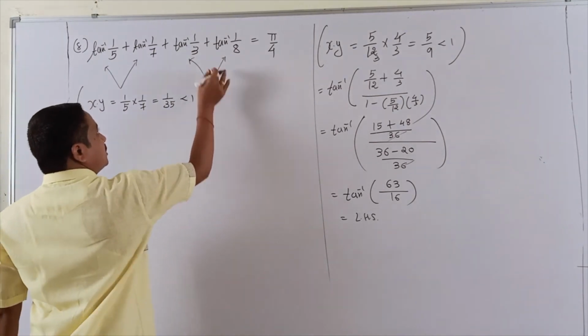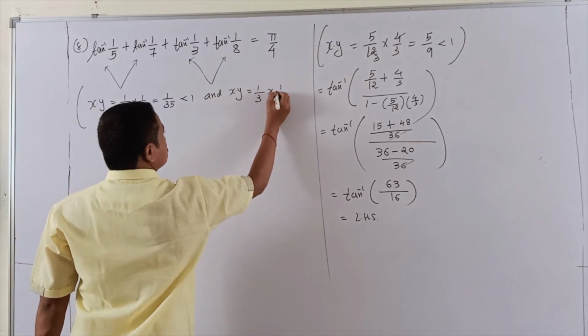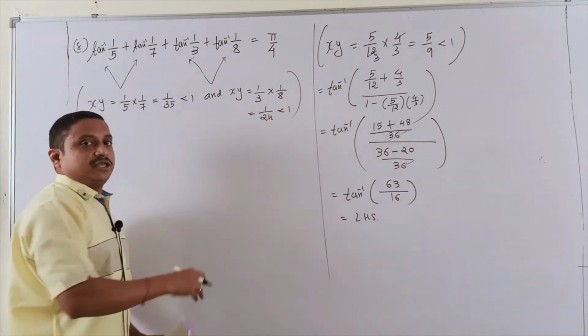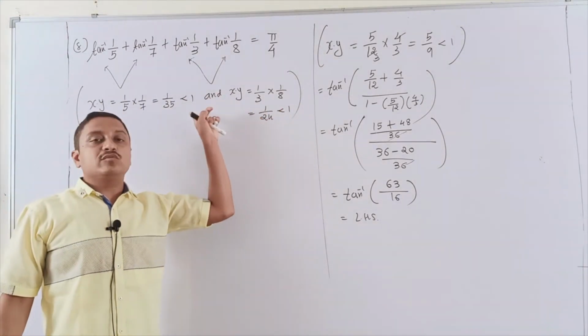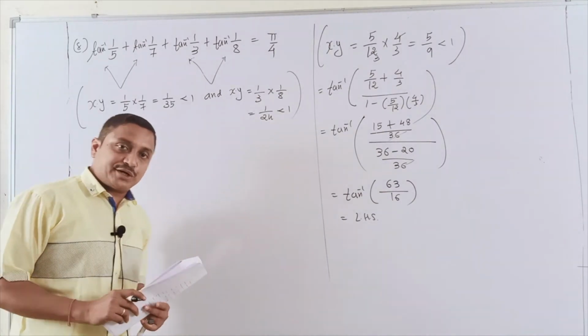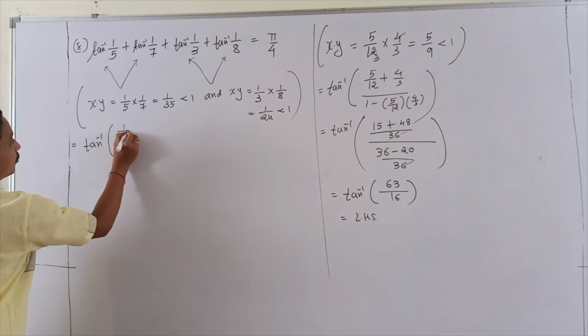Same as in these 2 checking, students. X into y, same. Compulsory checking. If it is less than 1, then use the direct property, and if it is more than 1, then use the pi plus property. So apply that.